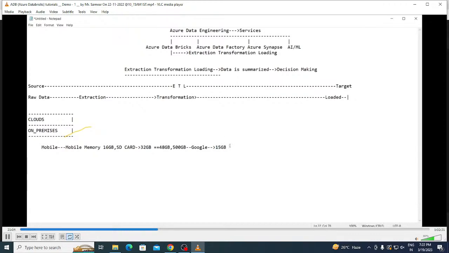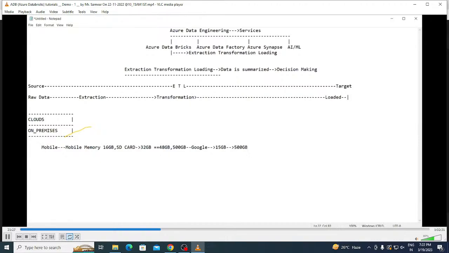External hard disk. External hard disk, that is fine. Okay. But I want the data. Okay, no problem. One more way is that you can ask the Google. That is fine. That is very good. But here the thing is that you can ask the Google to increase the size. That means from 15 GB, I want 500 GB.